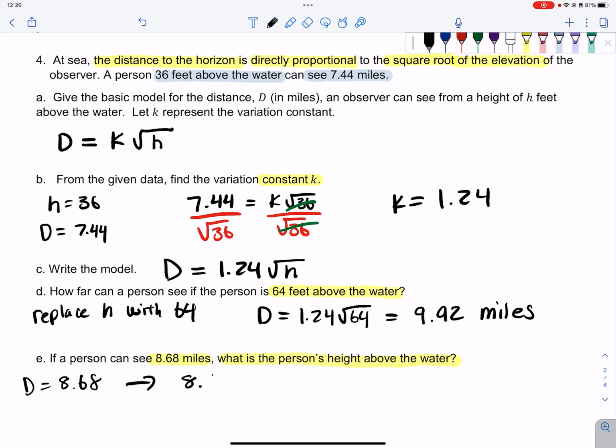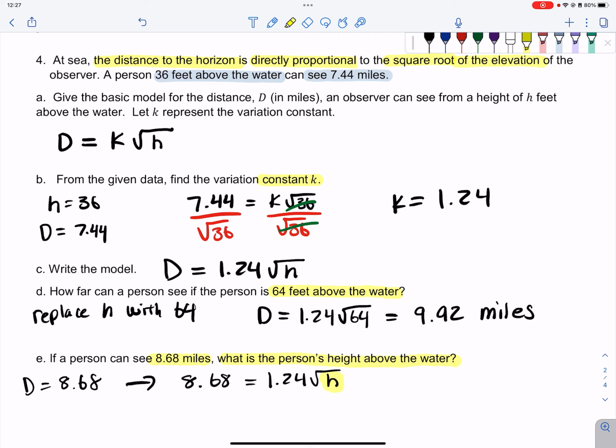So 8.68 is equal to 1.24 times the square root of h. And this one's a bit more work because I want to solve for h, but there are multiple things happening to it. So we need to work in the opposite order of our order of operations to get h by itself. Order of operations would tell us we would do the square root first, but I want to do that last because that's the first thing that would be happening to h.